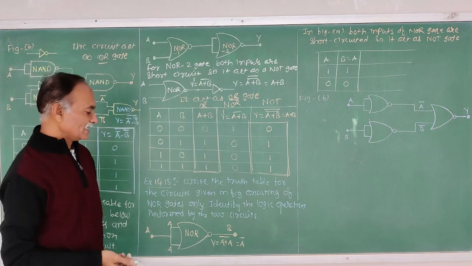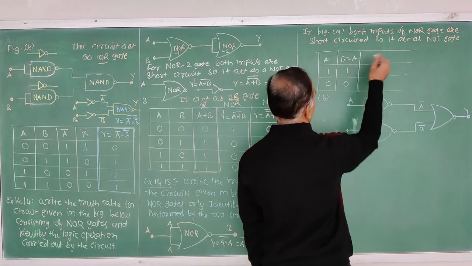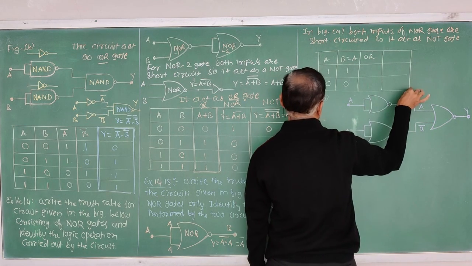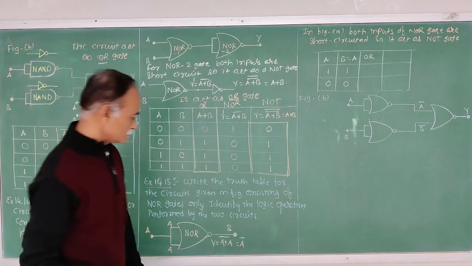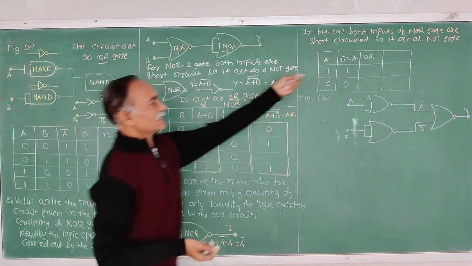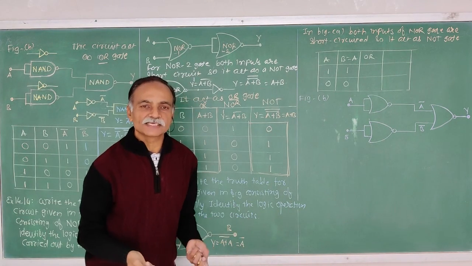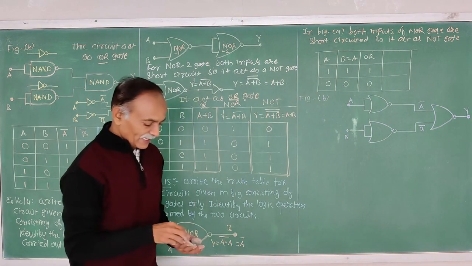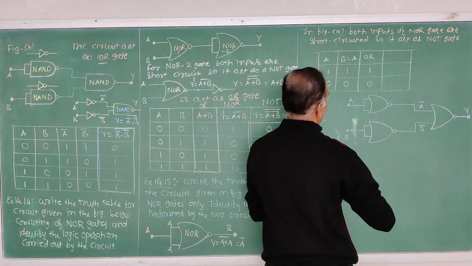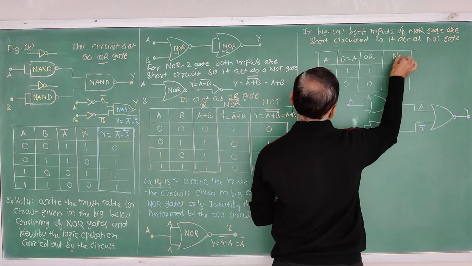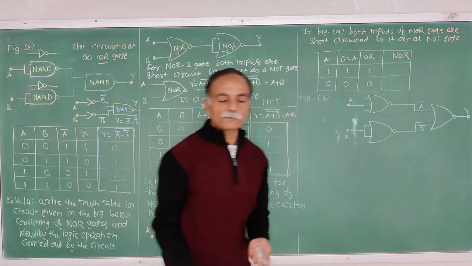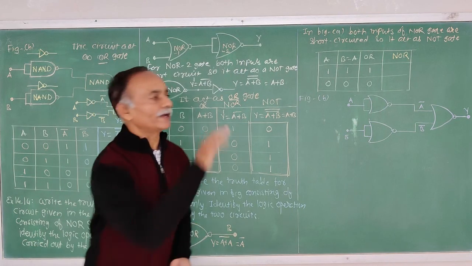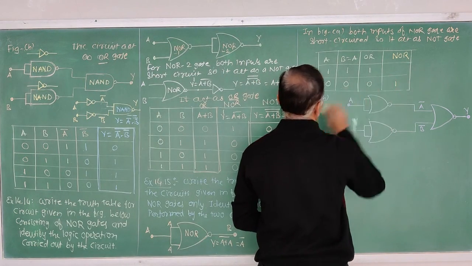Now, the NOR gate has the characteristic that output is 1 if both inputs are 0, that means 0, 0, 1.